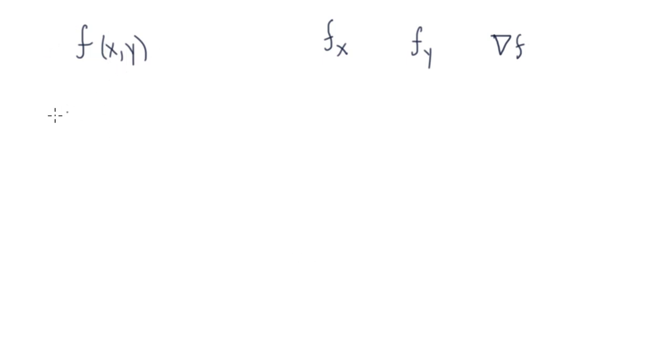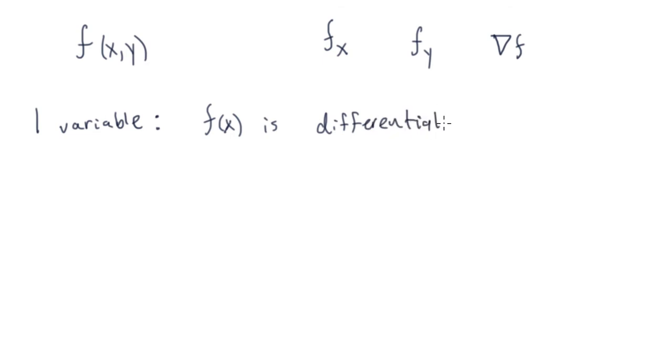So in one variable, let me just remind you, a function f of x is differentiable at some point x equals a if, well, this limit exists, basically.